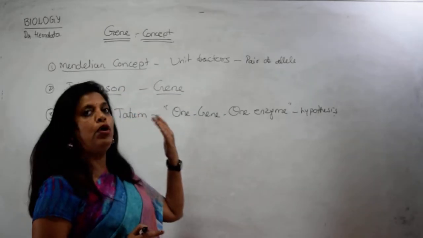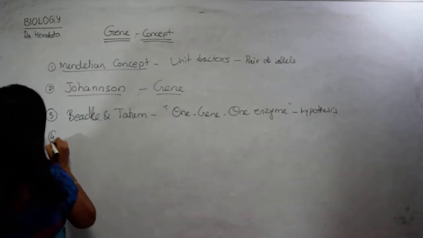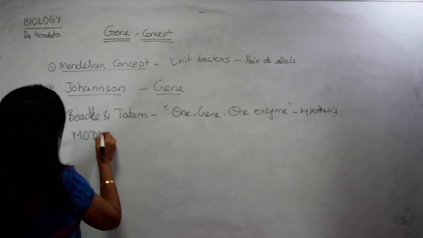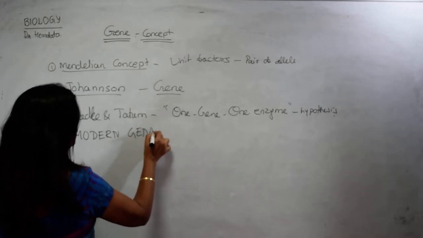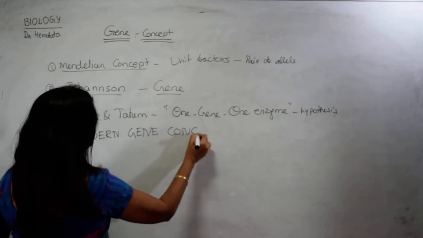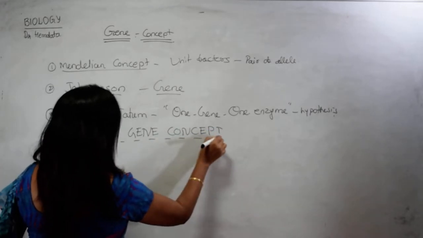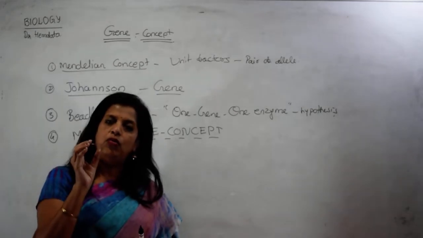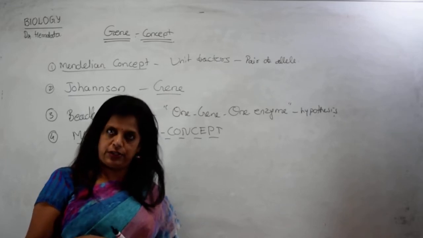Now the word gene got modified. Then the last one I'll give you is the modern concept of gene. This you remember properly. Modern gene concept. What is this saying? According to the modern gene concept, gene is not having one particular word or function. It has different multiple functions.